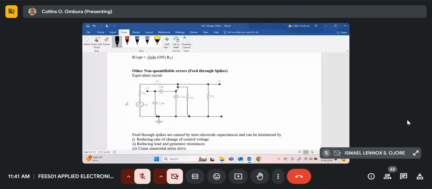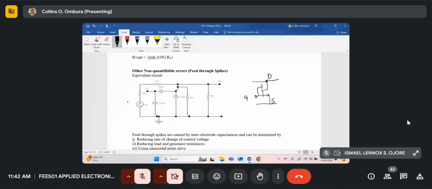So here I've drawn an equivalent circuit of the switch in shunt. So for example, this is the device. So this is your switching device. I normally draw it this way. This is your drain. This is your source. Now remember, this is your gate.